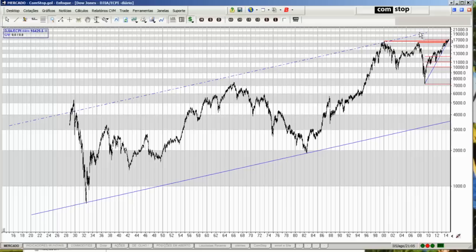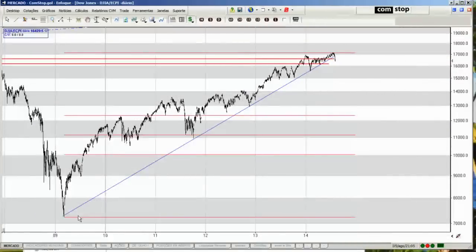Having broken this line, I'm able to draw Fibonacci lines, and I am allowed to forecast that the market is simply going to touch a Fibonacci line. That means if the upward trend was 100%, the market is coming down. Action, reaction. Action 100%, reaction around 38% retracement.